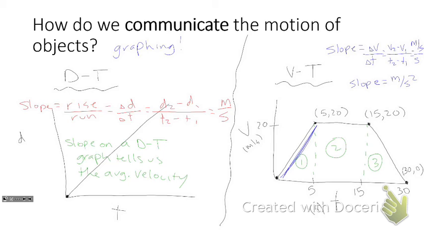And area of a rectangle is equal to length times height. Okay? So my length here is 5 seconds. My height is 20. So 5 times 20 is 100. Divided by 2 would be 50 right here. Plus this area, plus that area. Okay?